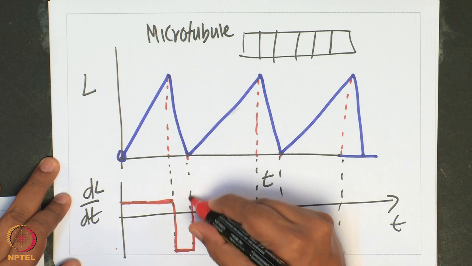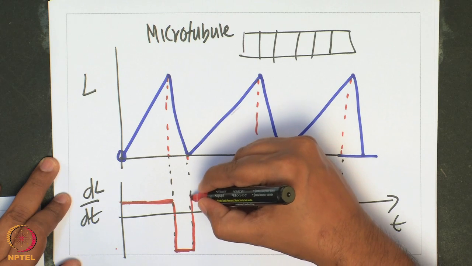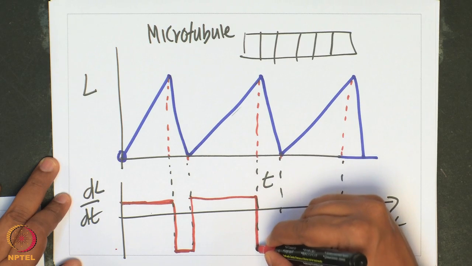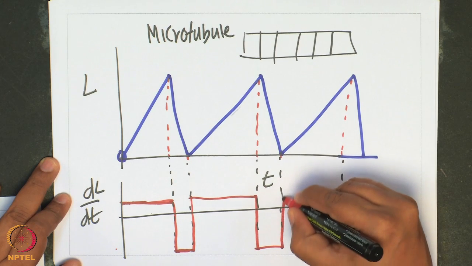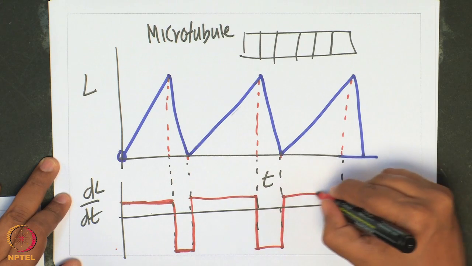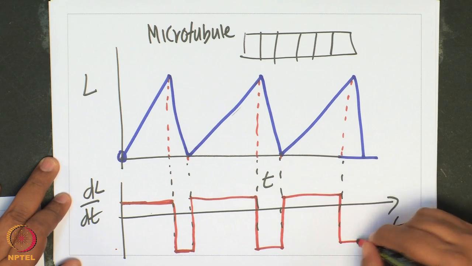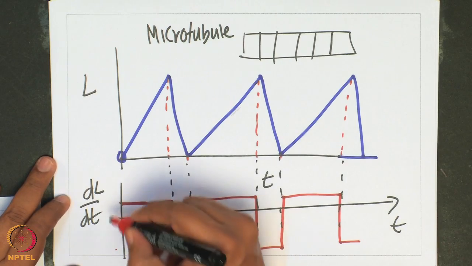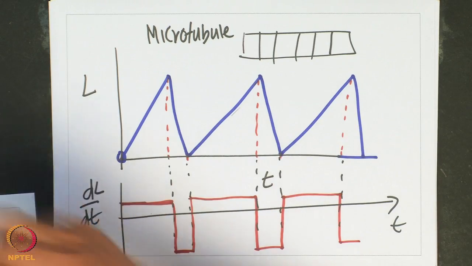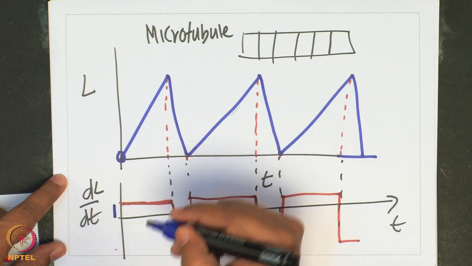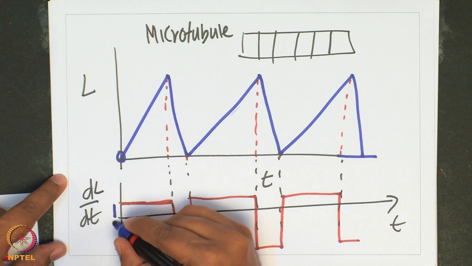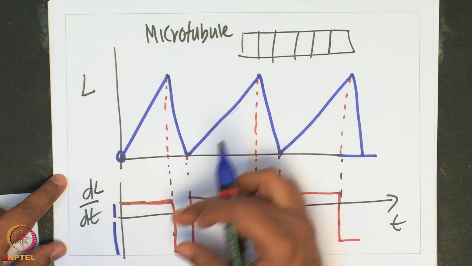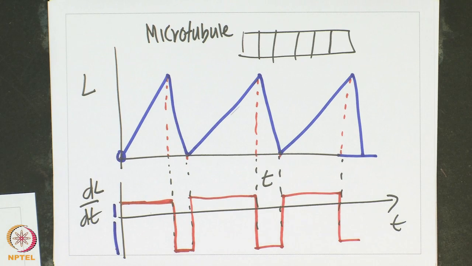So it's a large negative, small positive, and then again this. This is how dl by dt would look. Slow means this number is small, while this is much larger, therefore it's a fast shrinkage.